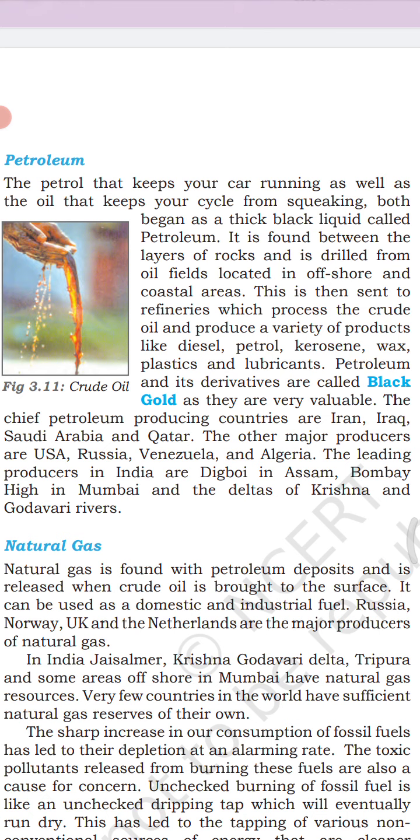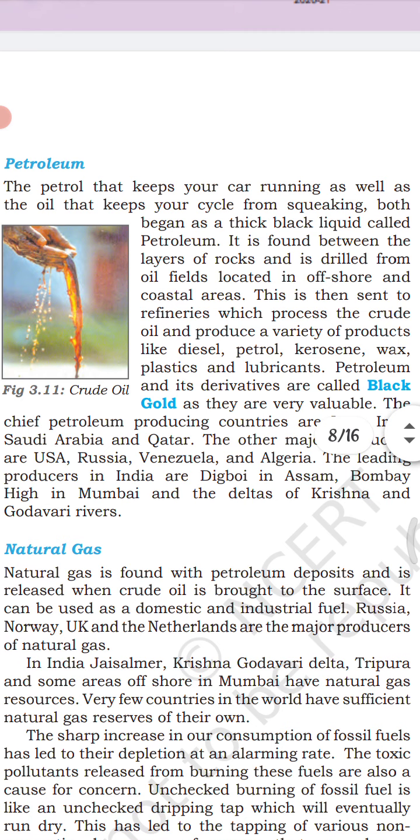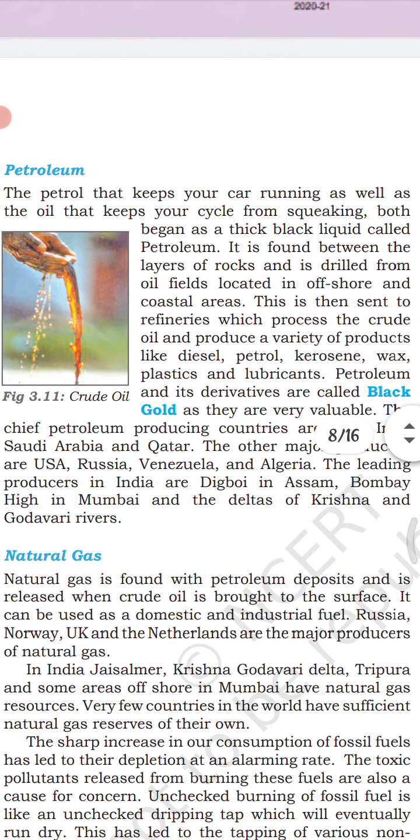It is found between the layers of rocks and is drilled from oil fields located in offshore and coastal areas. This is then sent to refineries, which process the crude oil and produce a variety of products like diesel, petrol, kerosene, wax, plastics, and lubricants.